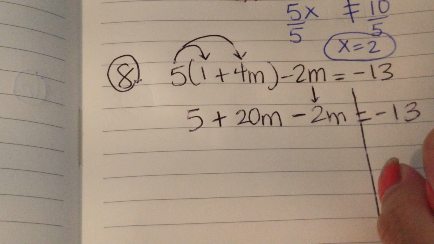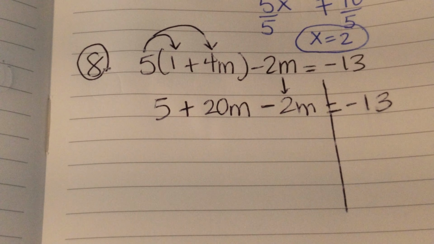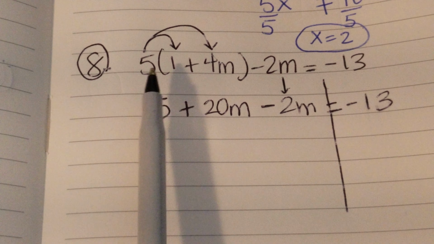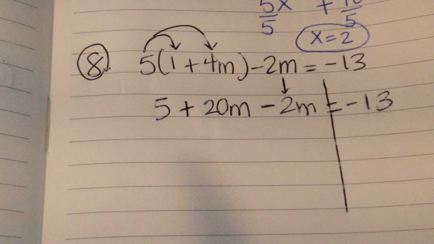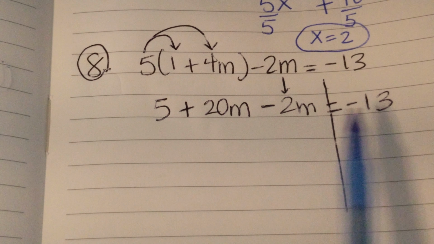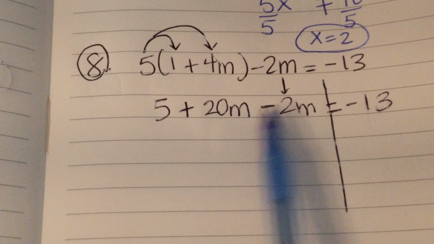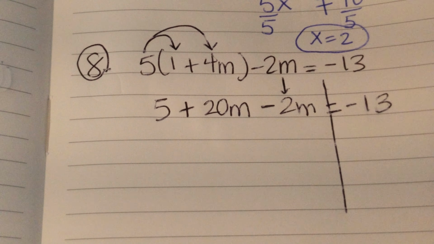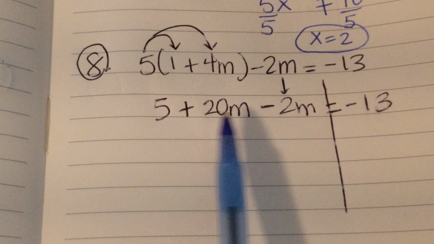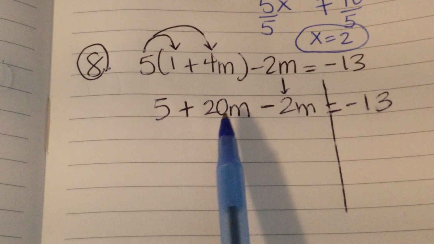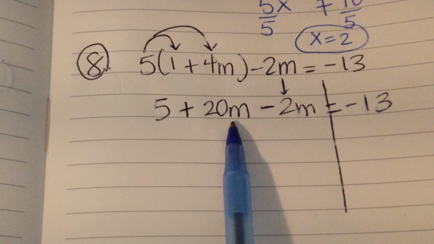Okay, so once I have distributed the 5 into those numbers with the parentheses, now our next step is to combine like terms on each side. There's nothing to combine here on the right side, but I can combine these two numbers here on this side.